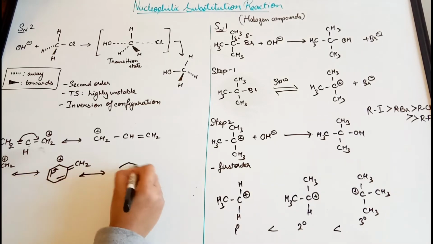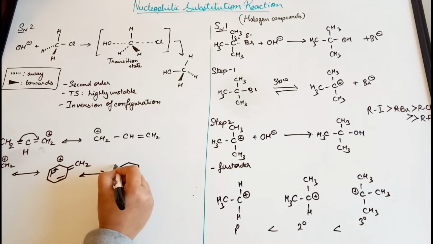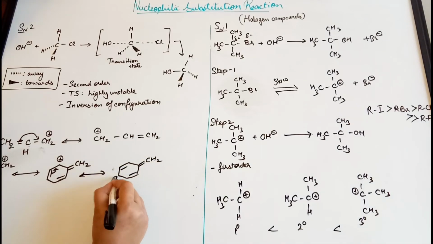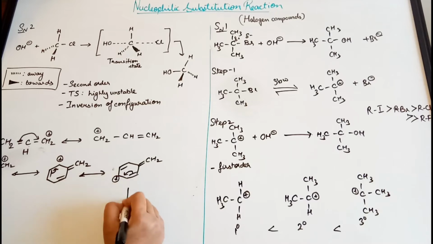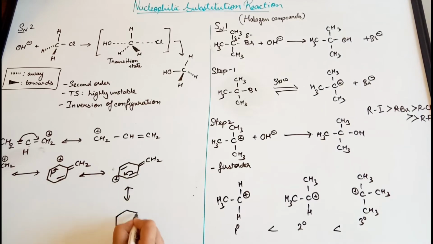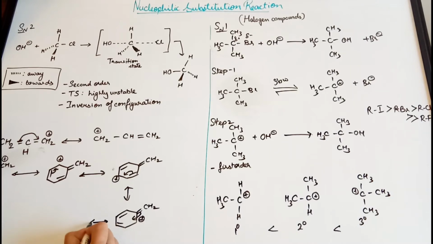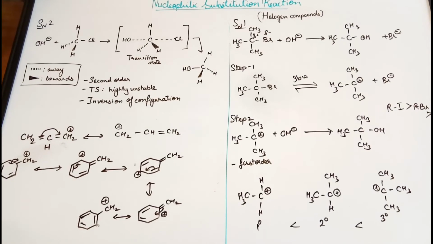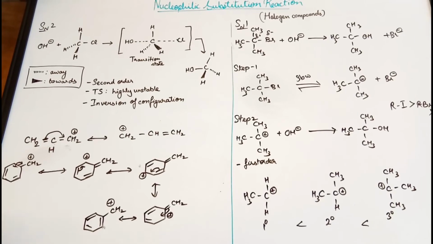So you will get another resonance structure, CH2 single bond, and then here the positive charge, then this bond shifts downwards, and so here you have a double bond, and a double bond CH2, positive charge, and this comes back into the ring to give us the benzylic carbocation. So in case of allylic and benzylic carbocations, they are going to be resonance stabilized.